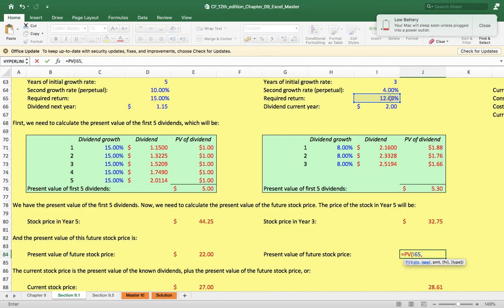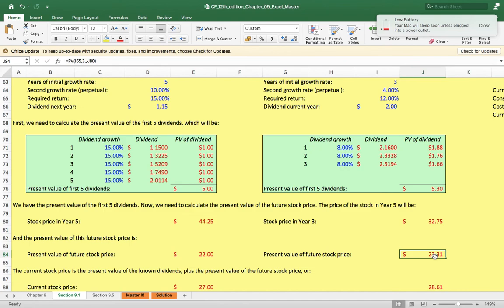Here no need to fix because we are not going down, comma NPER. How many years you are getting this? 3 years, comma PMT. There is no in between payment. Future value, 32.75 is the future value. Enter. 23.31.